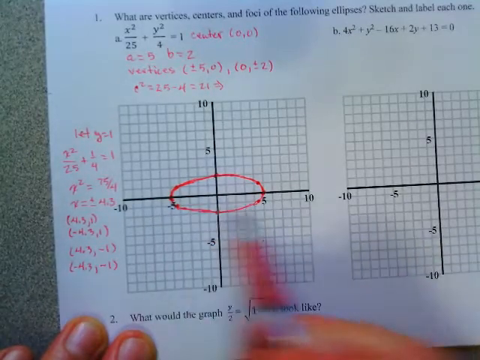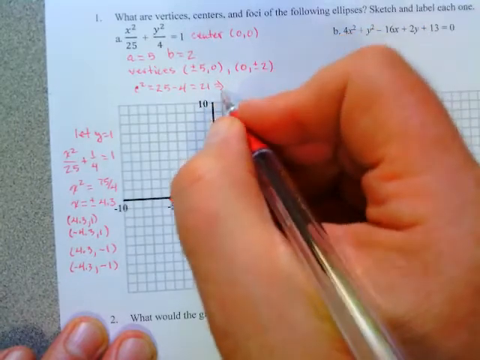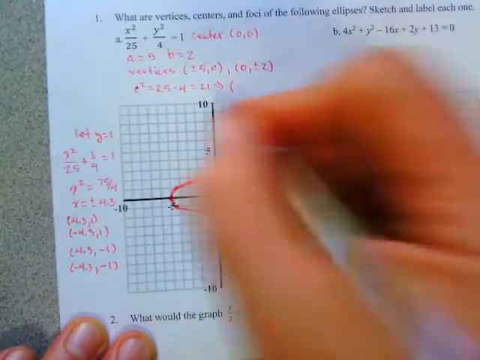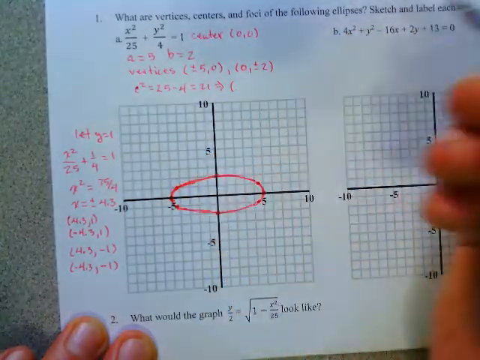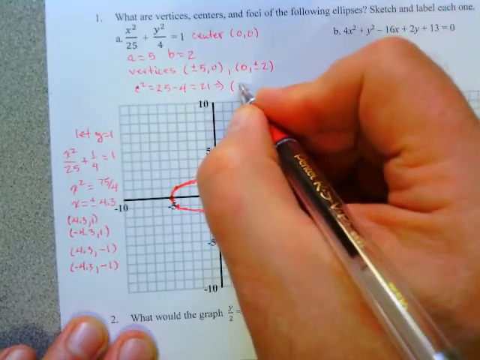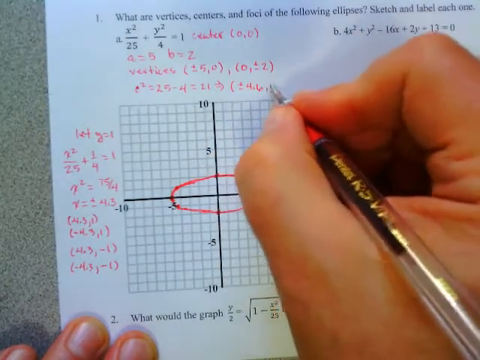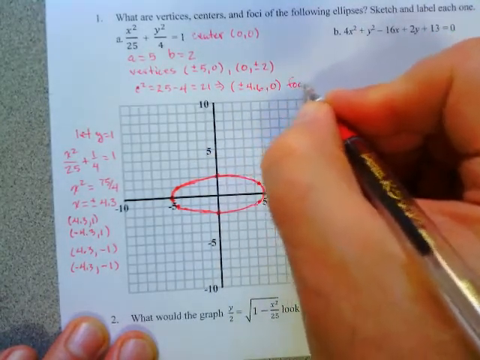So since the 25 tells us the major axis here, we know that the square root of 21 is a little bit over 4.5. So basically we're going to have plus or minus 4.6 and 0 for our foci.